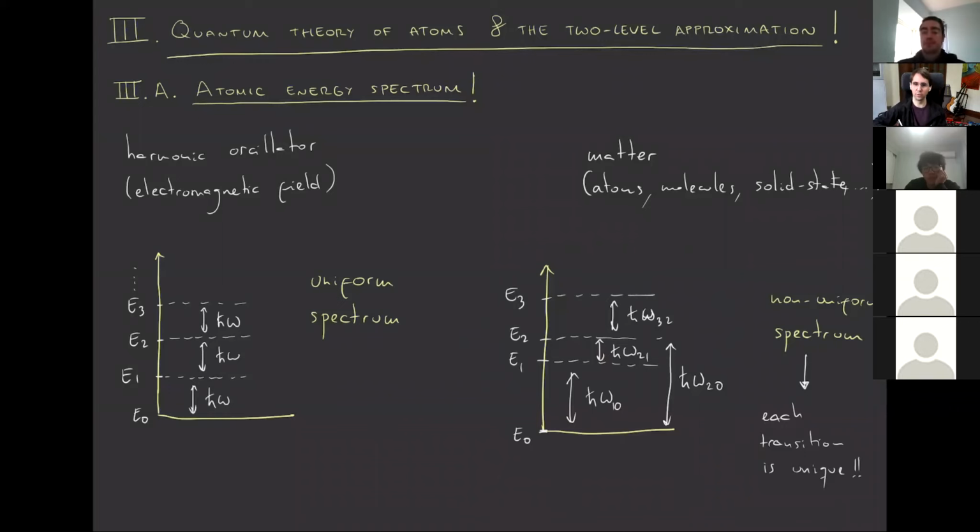This will not be a course on atomic physics, so I'm not going to give you all the details and do all the quantum mechanics of atoms. This is a full course on itself. There are many interesting things about atomic physics, especially if you talk about molecules or even solids. This goes crazy. You would need a whole year only studying the theory of matter to get deep into its quantum mechanics.